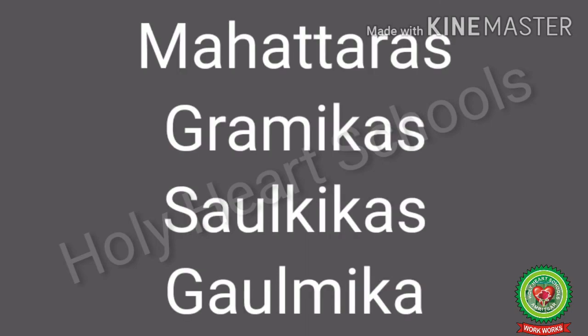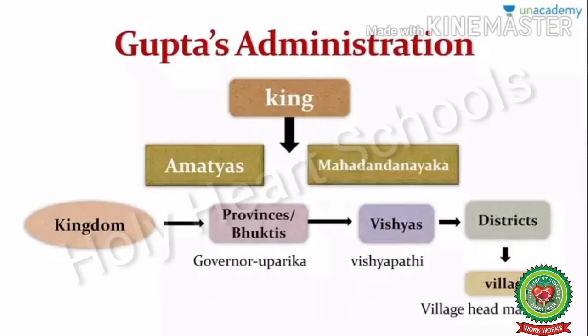So, children, the Vishyapati was also assisted by a number of ministers like Mahatras, who were the village elders, Gramikas, village headmen, Salkikas, collector of customs, Golmika, in charge of forests and forts. Then the districts were divided into villages.